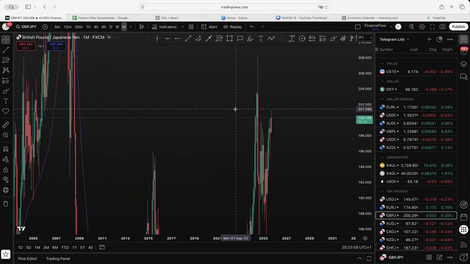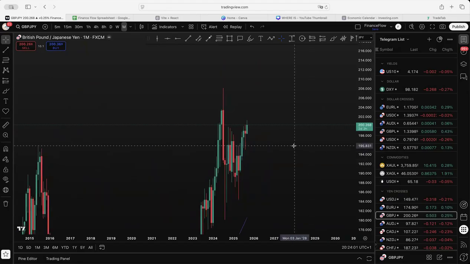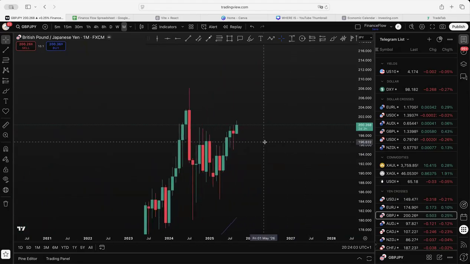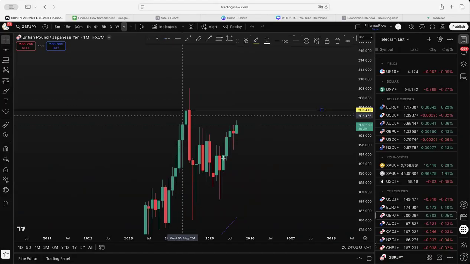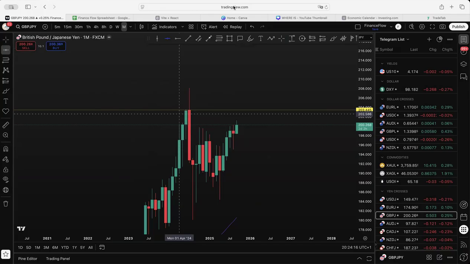All right, so we'll go back to our monthly here. Where are the key levels which we want to be looking out for? Well, one would be here. Right, I'm not going to even look at the rest of the screen, and then I'll show you how accurate they are once you start to mark them all up.